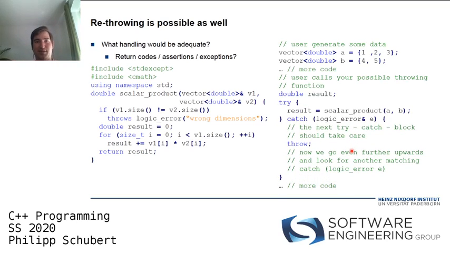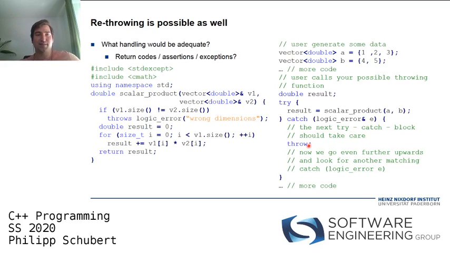What's also possible is that you are allowed to rethrow. What does it mean? You execute your scalar product function, and maybe you trigger the throw, and then it throws an exception. Then you end up in the first exception handler that matches the exception's type, which would be this one, because logic error matches here. Then you can execute some code, but then you can also say throw again.